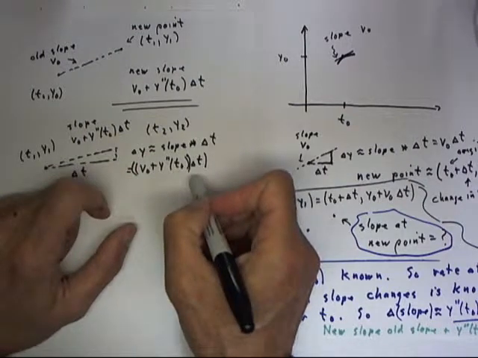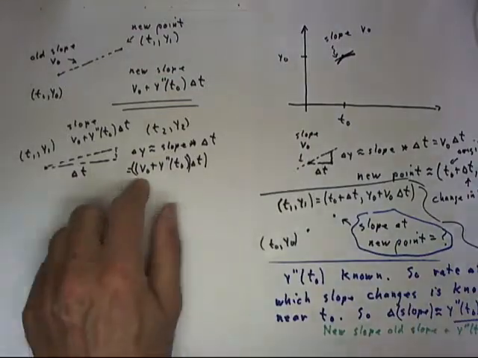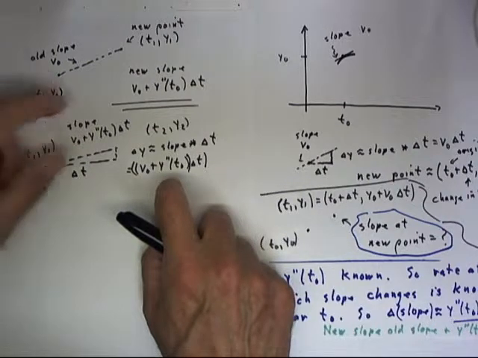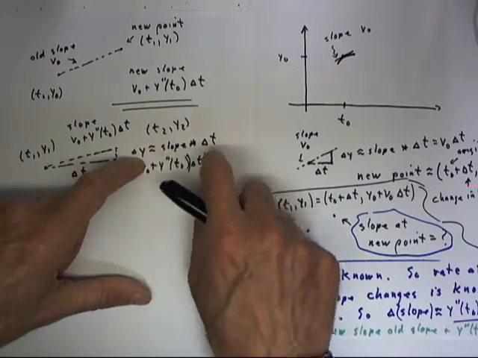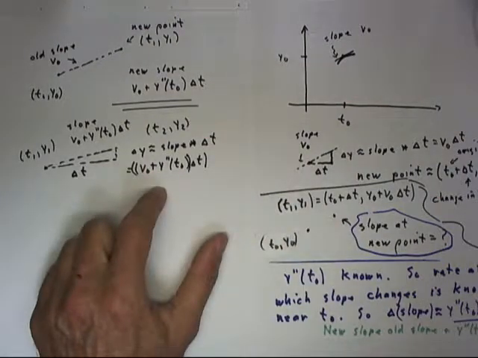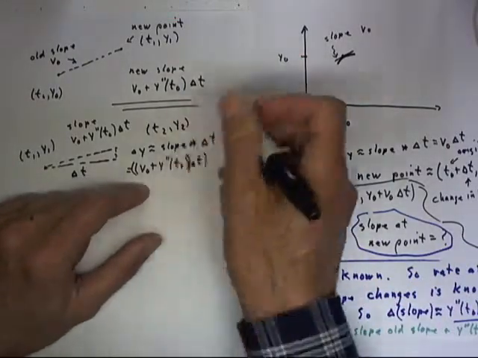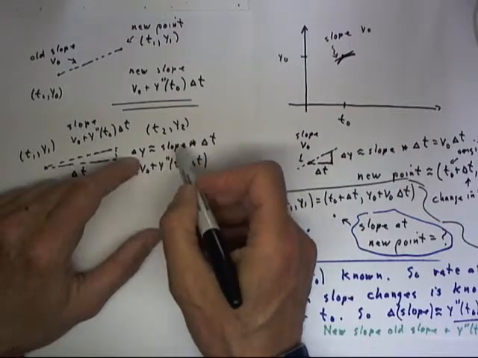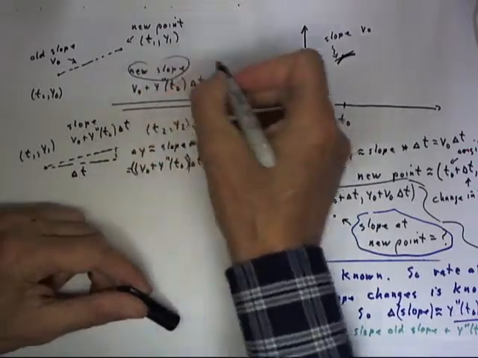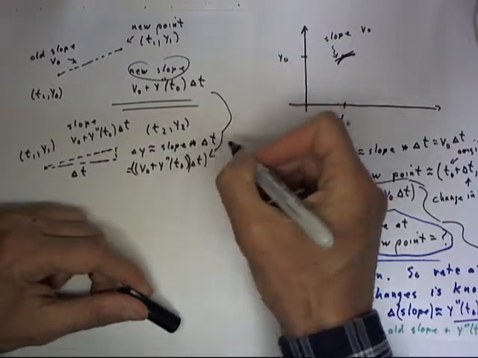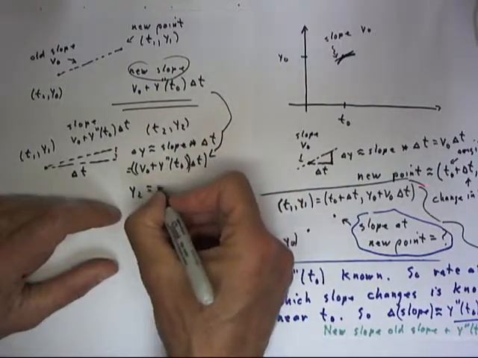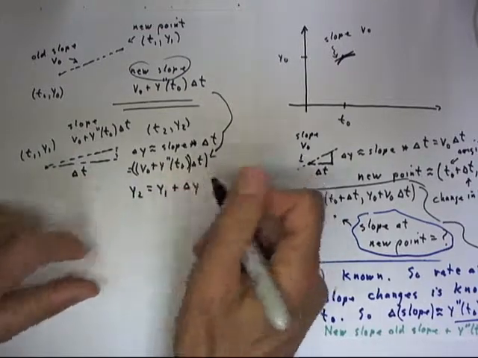The slope being our old slope v0 plus our change in, hang on, okay, thought something else was wrong there, but no. Our change in y being our slope times delta t, our slope being our new slope, which we use to calculate our change in y, so that y2 is going to be y1 plus our new delta y.